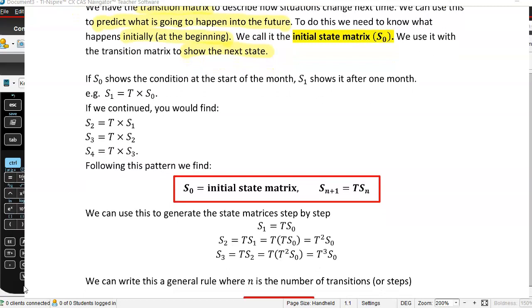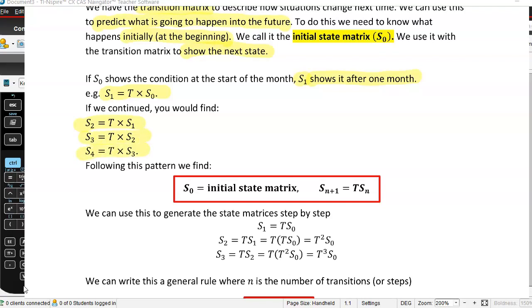So if S0 shows the condition at the start of the month, S1 shows it after 1 month. So S1 equals T times S0. If you continued, of course, you get S2 equals T times S1, S3 equals T times S2, and so on and so forth.